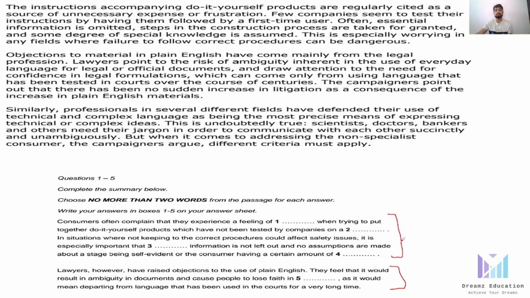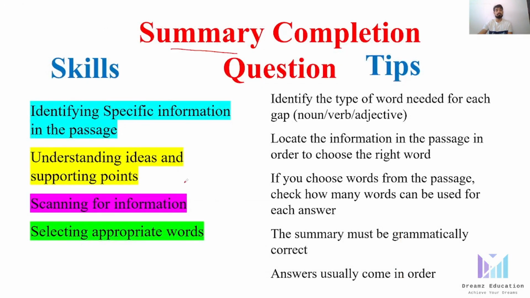And since here the questions are phrased in 2 separate paragraphs, we have to find answers in 2 paragraphs. For question number 5, the summary is taken from another paragraph, so we have to check one more paragraph. Got it, right?